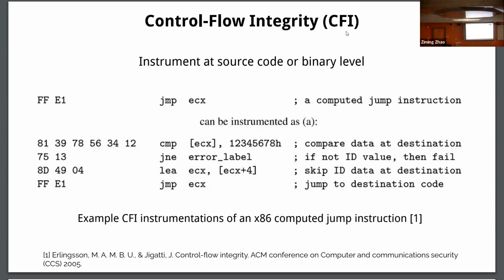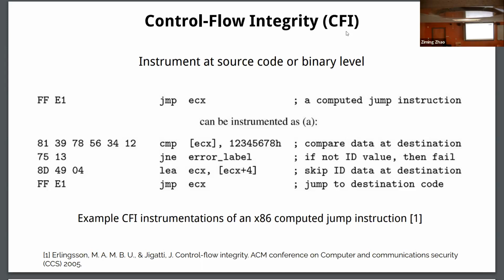That's more like the policy part, right? In a lot of security solutions, we have the policy part and the mechanism part. The mechanism is like this. The policy part defines what kind of granularity we want to have. If this is a call, and the security we want to provide is that the call has to call a function, we don't care what function, then at the beginning of each function we can put an ID there, and all of them have the same ID.